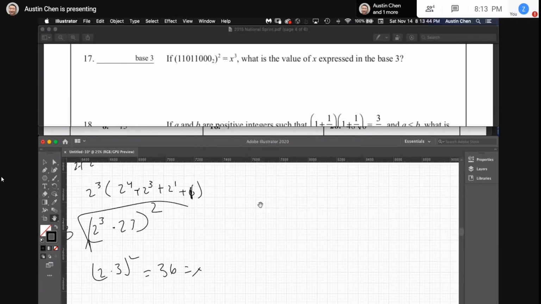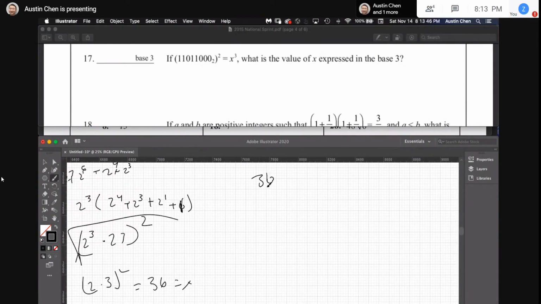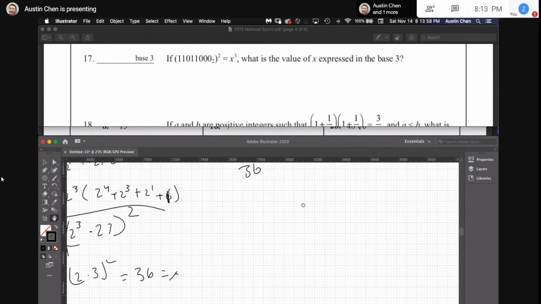All right, so 36 in base 3. I'll just go over how to convert base 10 into other bases. In other bases, you have place values, right? So let's say you have a base of b. These place values correspond to b to the 0, b to the first, b to the second, b to the third, right?